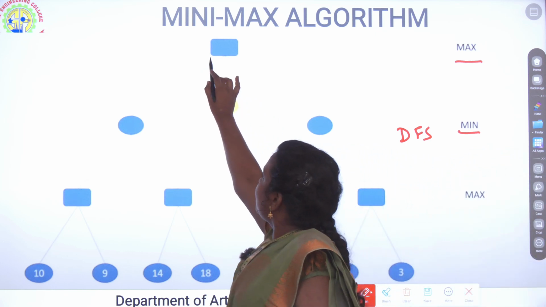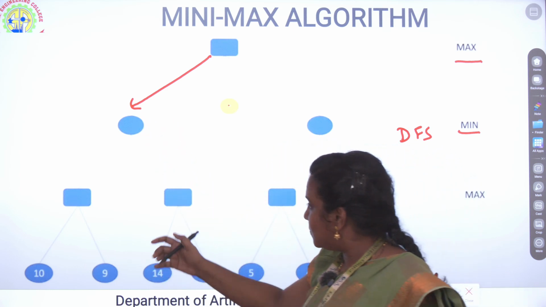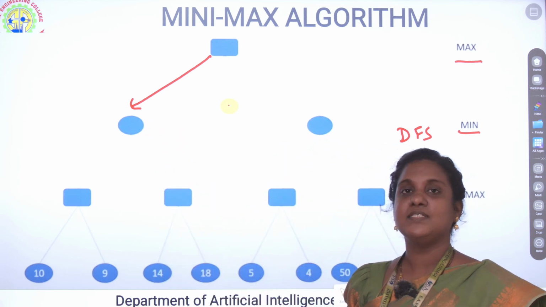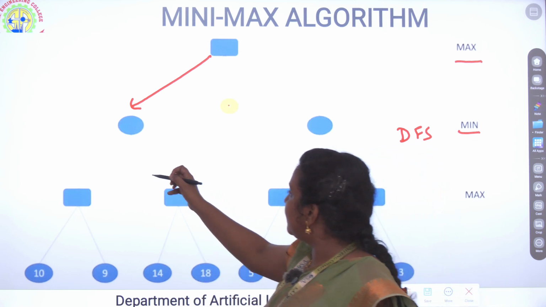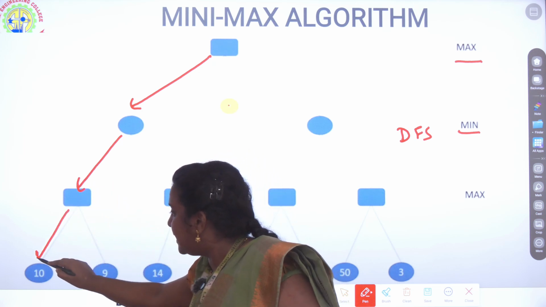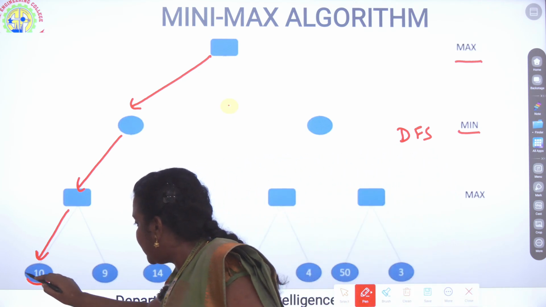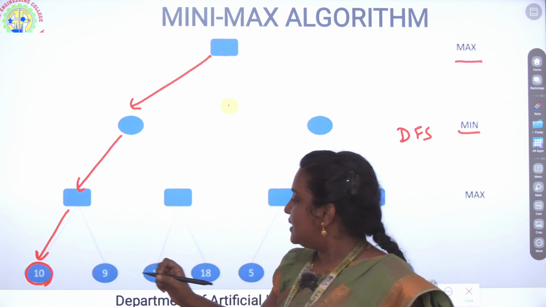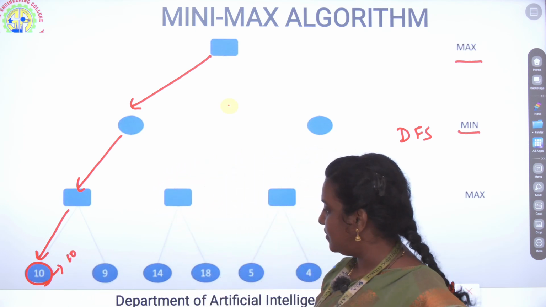So by applying the DFS algorithm, it first traverses the left subtree, then the root node, and then the right subtree. So it will traverse towards the left subtree till it reaches the leaf node. Once it reaches the leaf node, it will arrive with the utility value 10.